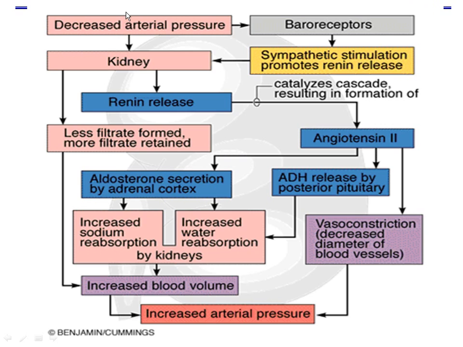And to start you out, when there's a drop in arterial pressure, you're going to detect that with baroreceptors, which are going to affect the sympathetic nervous system. And you can see here, sympathetic is tied to the kidney. And you're also going to directly affect the kidney in a couple of different ways. So I want you to be able to understand the renin angiotensin II pathway and the effects of ADH.